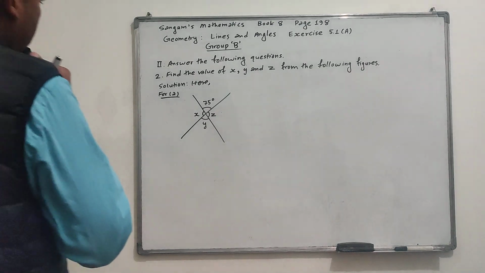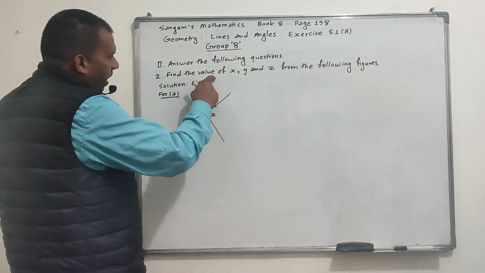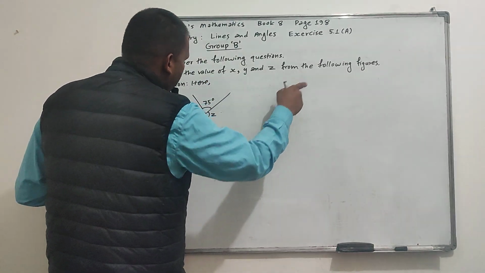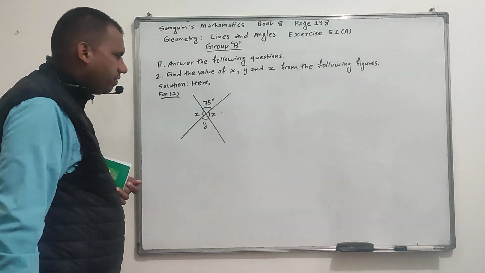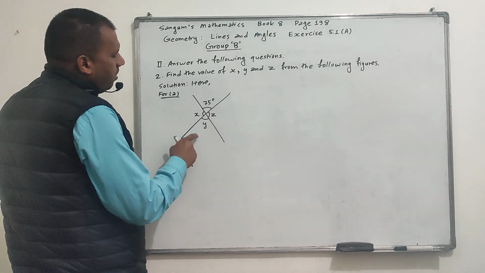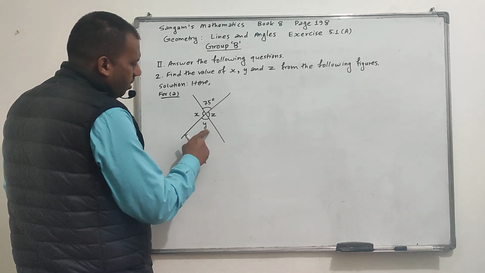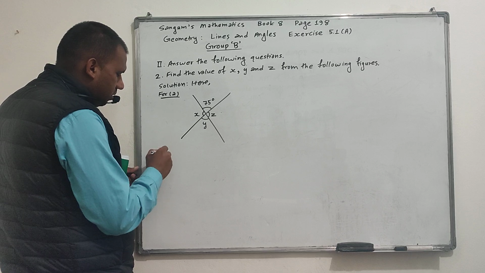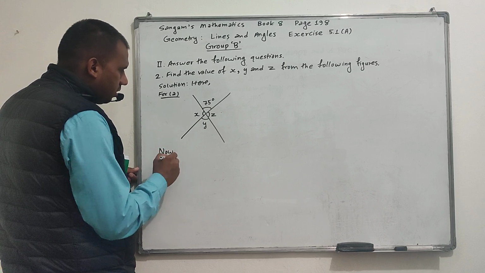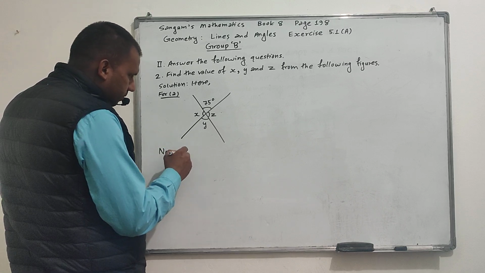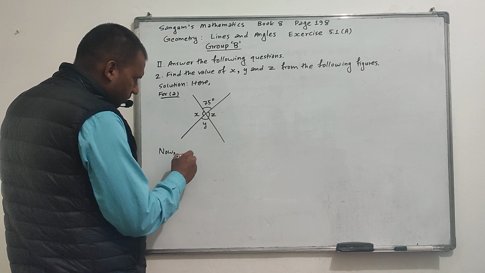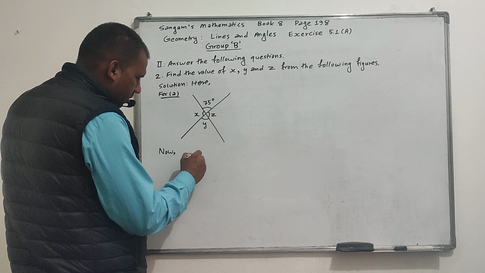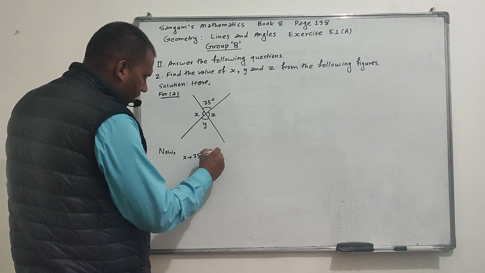Now, question number 2. Find the value of x, y and z from the following figures. Now, here for A this is the figure. Angles are x, this y, that z, that is 75 degree. Now, the solution: x plus 75 degree equal to 180 degree.